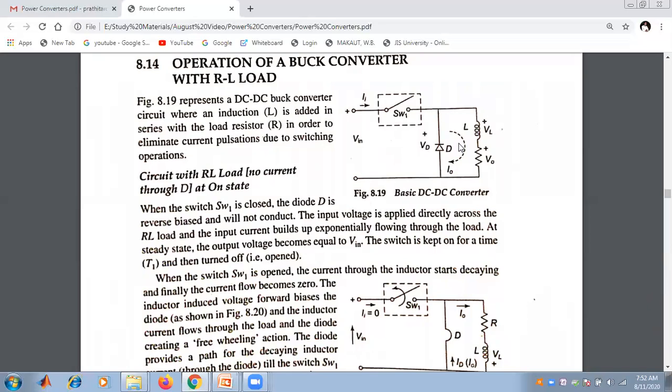At the steady state condition, the output voltage V out will be equal to V in. So the switch is kept on for a time t1 and then it is turned off, or we can say it is opened.